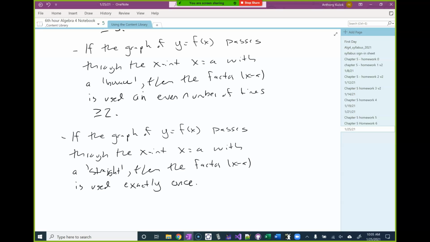So what do we mean by bend, bounce, and straight? Let's draw some pictures here to kind of describe.